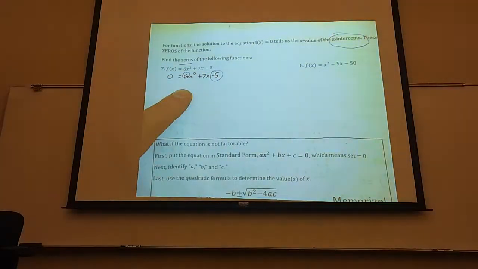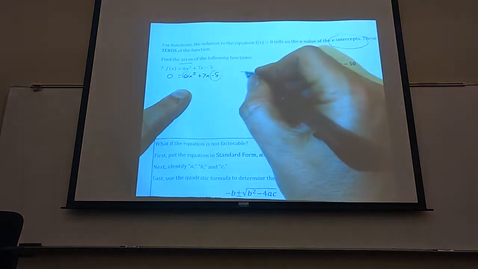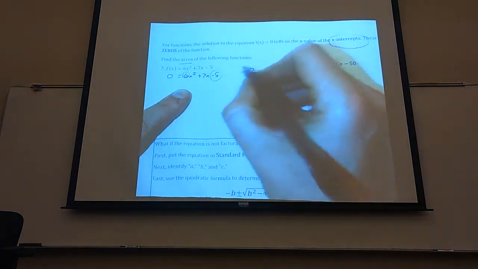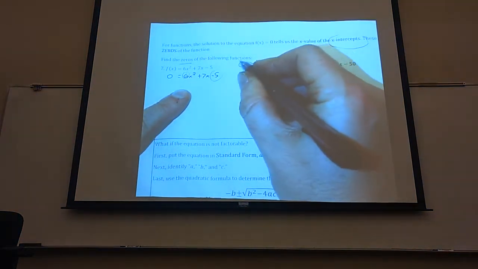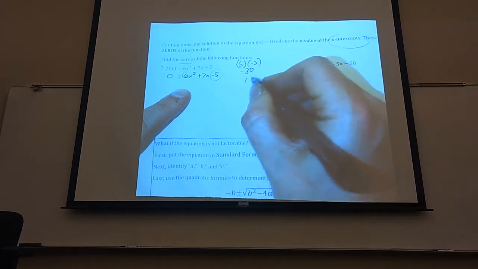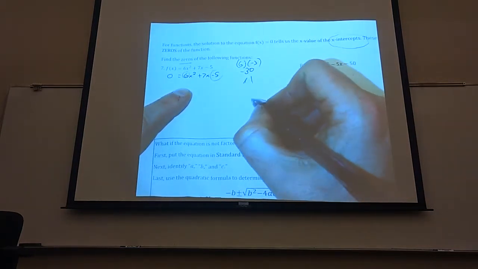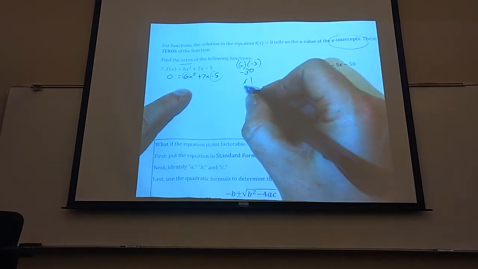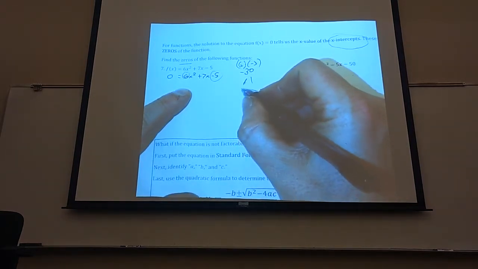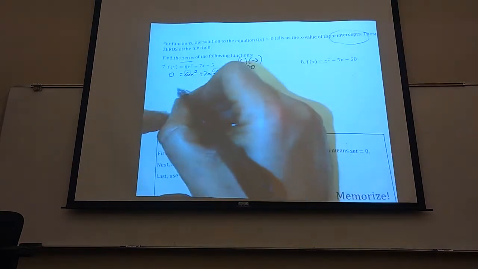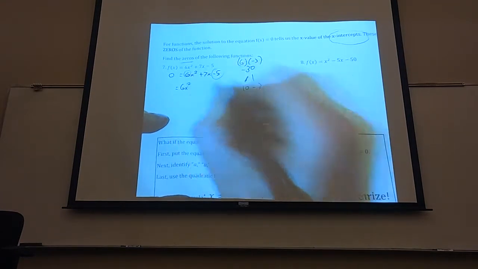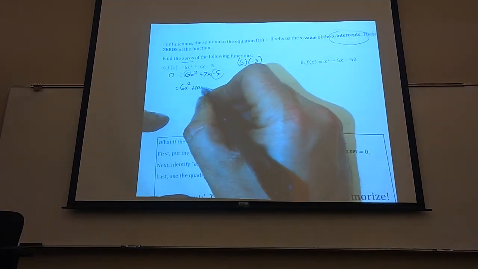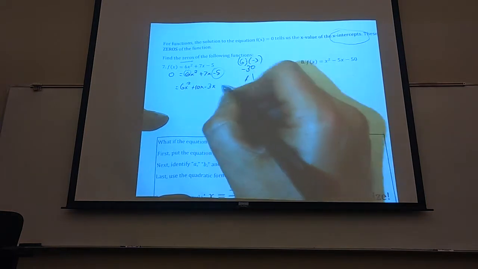6 times negative 5. Negative 3. That's 6 times negative 5. 10 and negative 3. Factors? 7 apart. Oh, it's 10. 10 and negative 3. Yeah. So that splits this up into a 10x, a negative 3x.